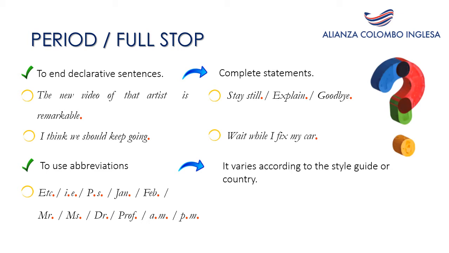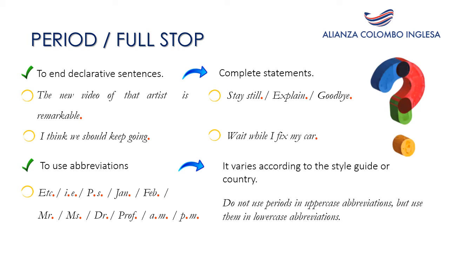So maybe that is a good tip that we should take into account, which is basically not using periods whenever we are using uppercase abbreviations like BBC or FBI, but we must use them whenever we are talking about lowercase abbreviations.